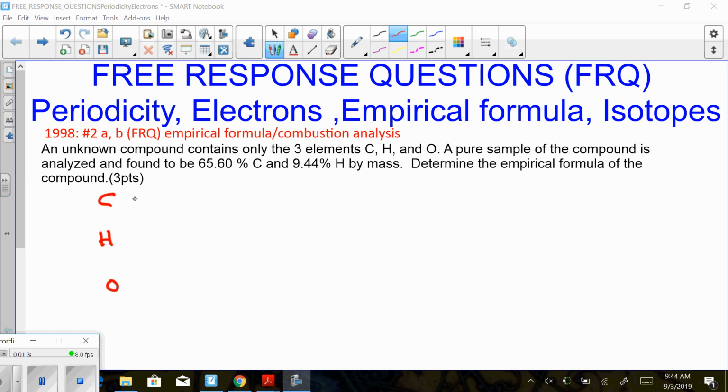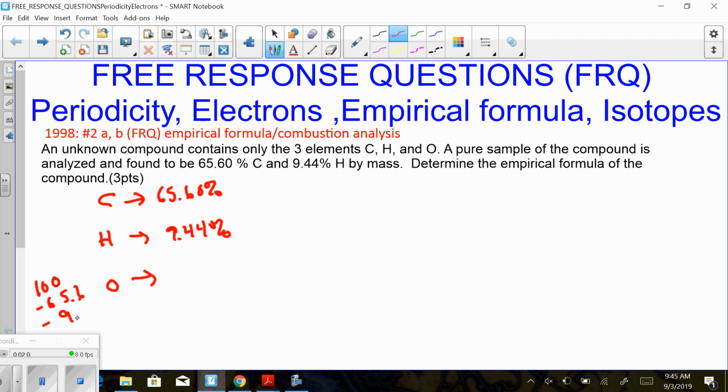The carbon is 65.6%. The hydrogen is 9.44%, and oxygen is the rest of it. The rest of it means if you take 100% minus the other 2, you get the percentage of oxygen that's left, which is 24.96%.